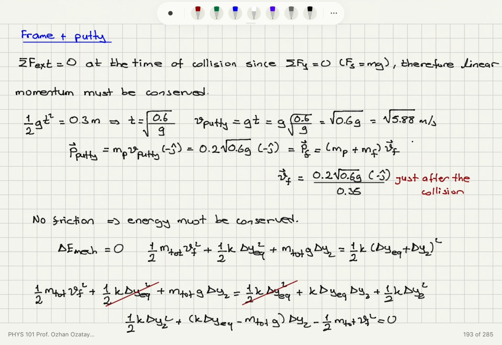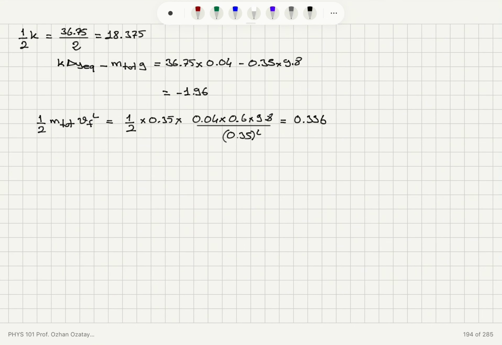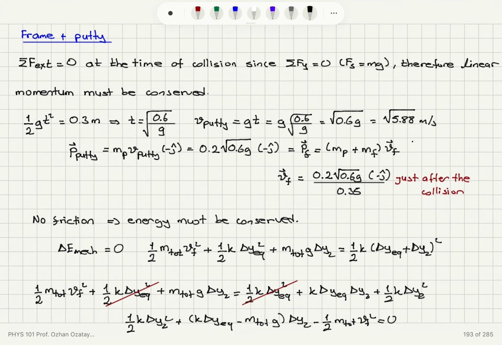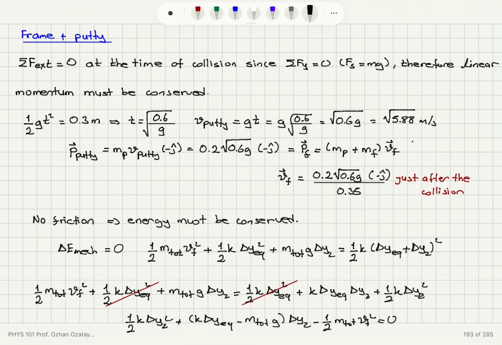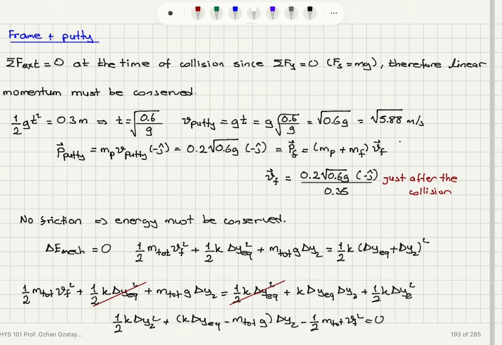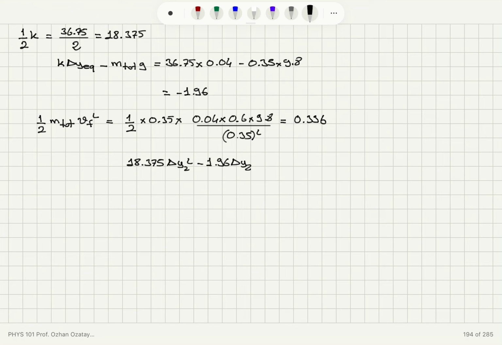So we can plug in these findings. We have 1/2 k delta y2 square, that is 18.375 delta y2 square, and then this term multiplied with delta y2 is minus 1.96 delta y2, and then the last term is minus 1/2 m total v final square, the kinetic energy term, which is minus 0.336.